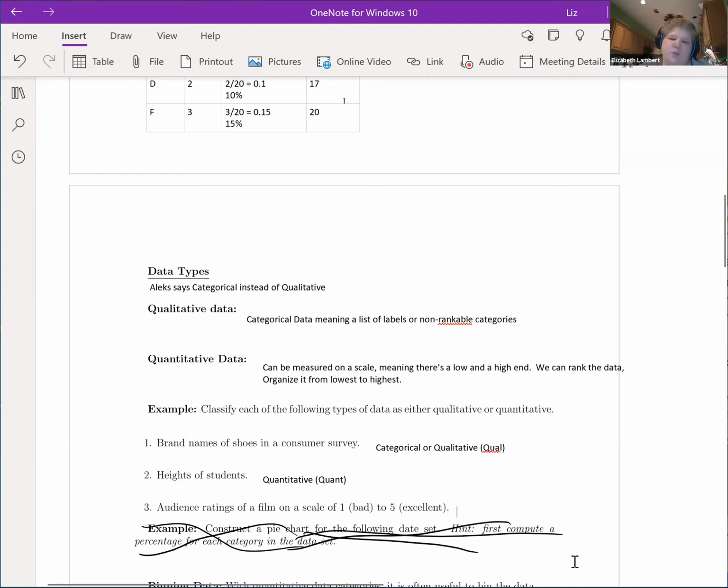Now this one's a little weird. So they've given us words and numbers. If it was just the words, it would be qualitative. But we can assume some ranking to the scale because it says from bad to excellent.